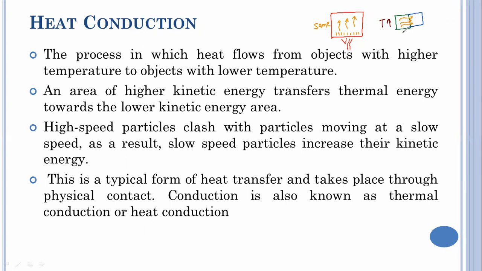That means there are two substances in physical contact with each other, so transfer of heat is possible, and the mode will be conduction. So basically, conduction is the transfer of heat from one part of a substance to another part of the same substance, or from one substance to another which are in physical contact. So this is how conduction takes place.